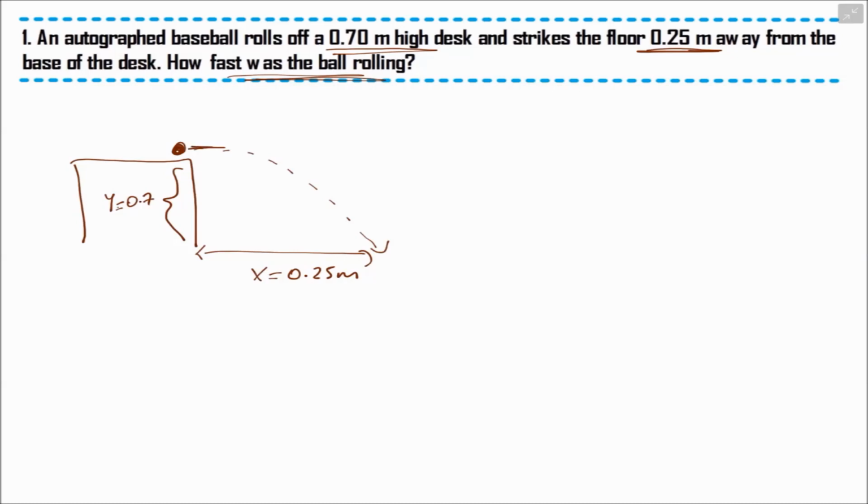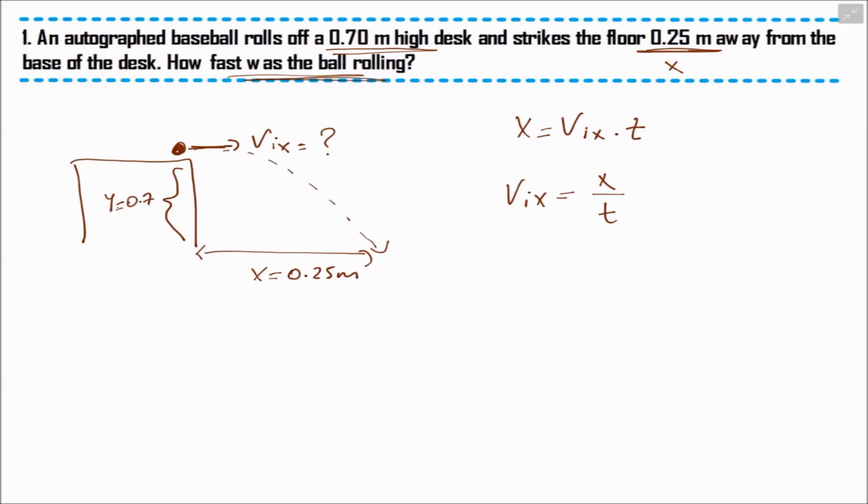So initially we have v initial x. It's asking what is the v initial x. For the x component we have only one formula, which is x equals v initial x multiplied by the time. So to calculate v initial x, it is x over t, and x is given in the question, which is 0.25.